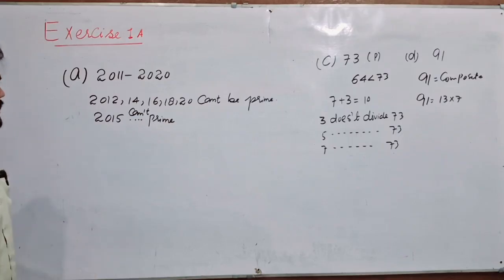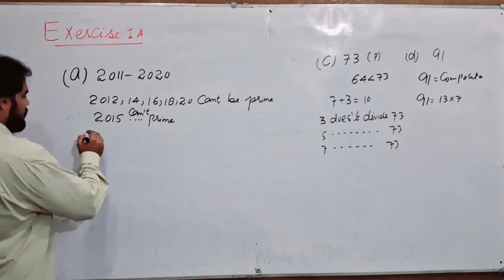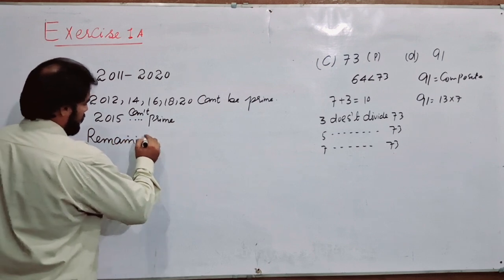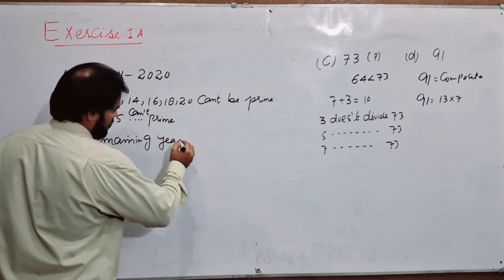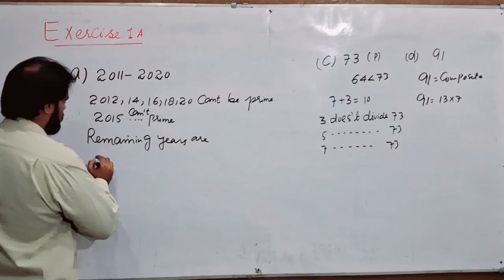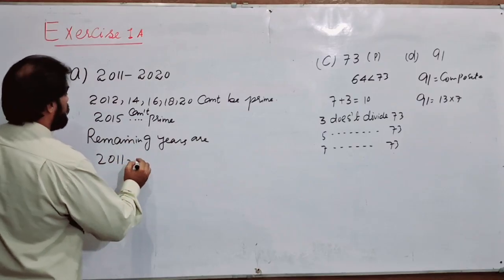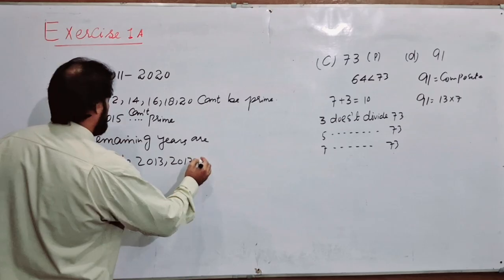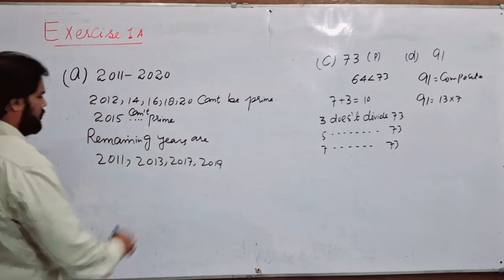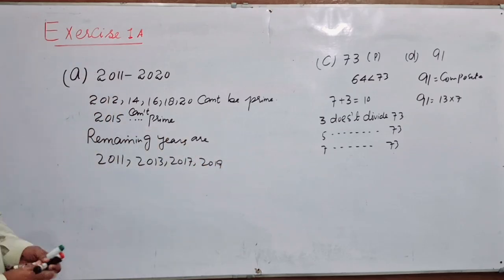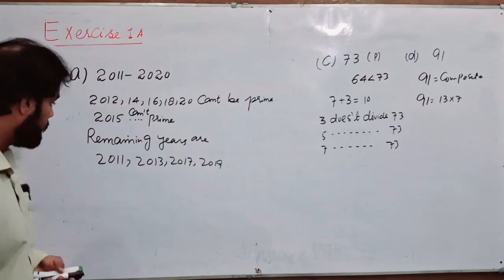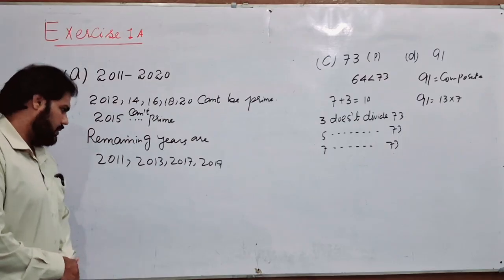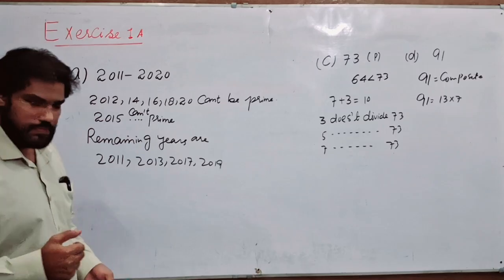Now the remaining years are 2011, 2013, 2017 and 2019. Now we have 4 remaining years. Now we check, is there any number which is divisible by 3?